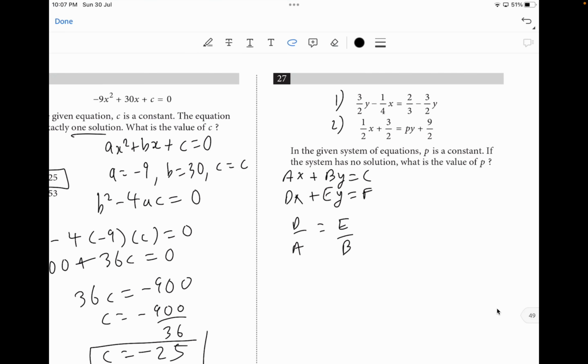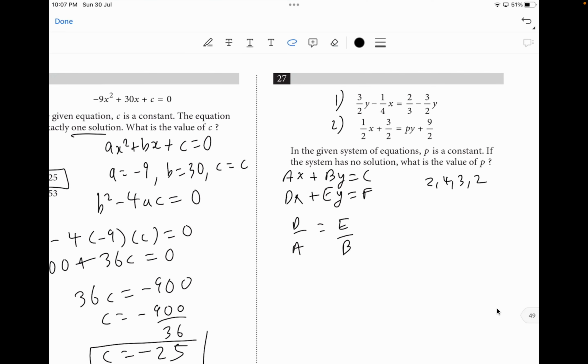The first equation in the given system is 3y minus 1/4 x equals 2/3 minus 3/2 y. If we multiply each of these equations by 12, what I would like you to do is use the LCM method.